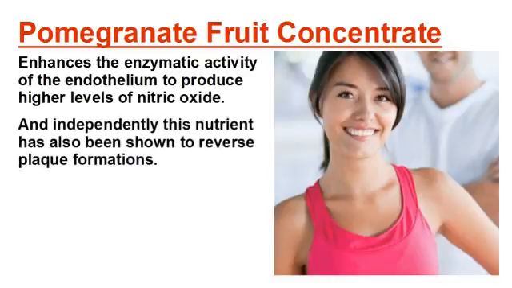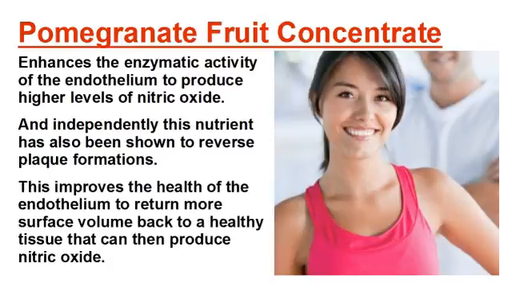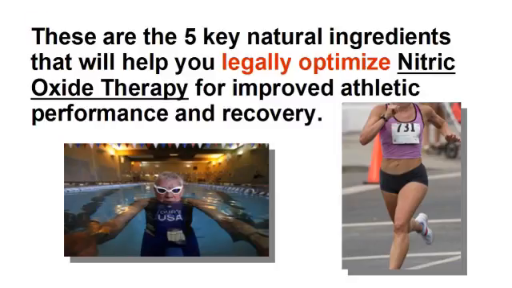And independently, this nutrient has also been shown to reverse plaque formations. This improves the health of the endothelium to return more surface volume back to a healthy tissue that can then produce nitric oxide. These are the 5 key natural ingredients that will help you legally optimize nitric oxide therapy for improved athletic performance and recovery.